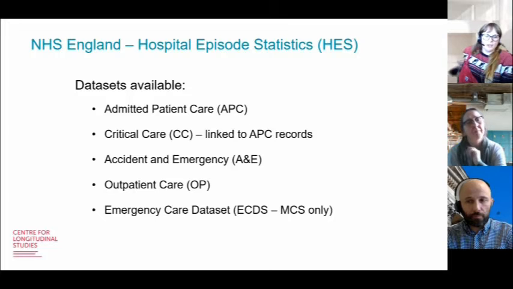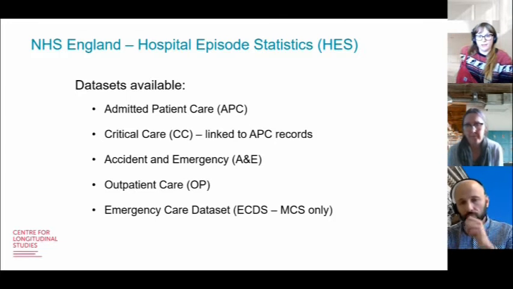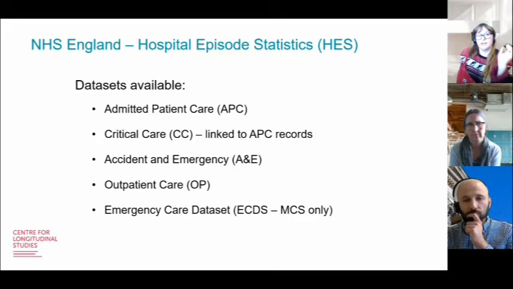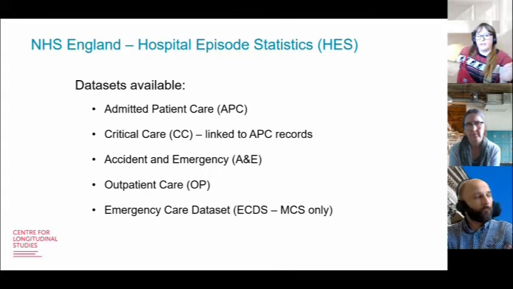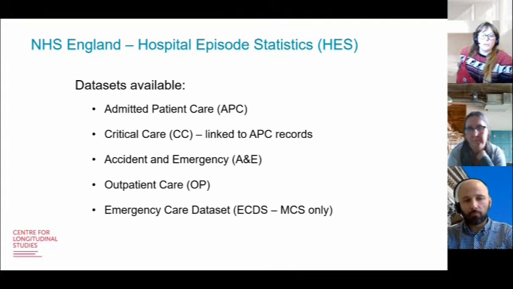And then the emergency care data set we've only got for MCS because it's very new, and that's superseding the accident and emergency data set, and I'll go into detail about it later. But yeah, we've only got that for MCS because it's new.